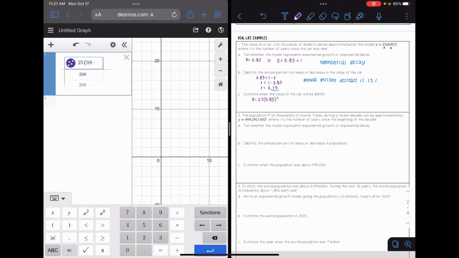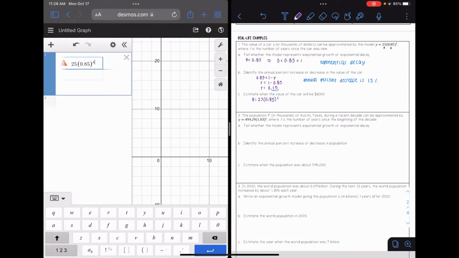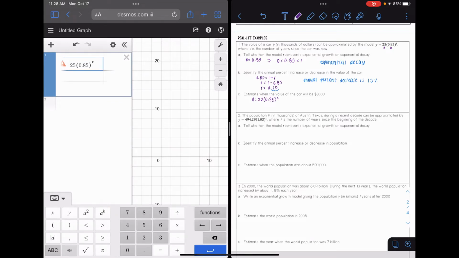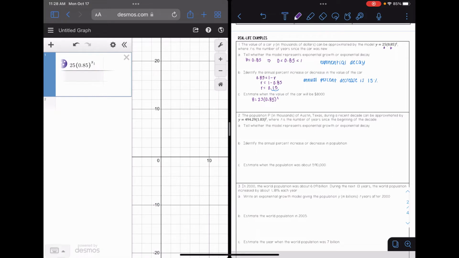I'm going to hit this a to the b button and put x, and then you need to put underscore 1, which is right here. Okay, so we have our table.